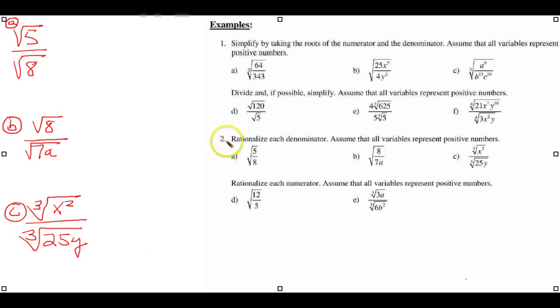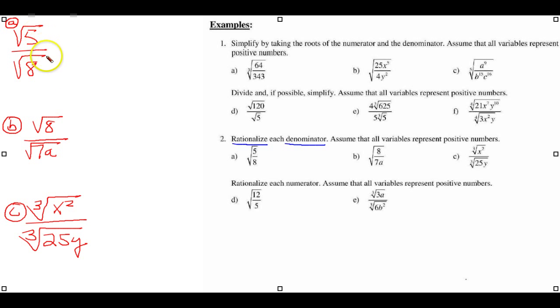Now in example 2, they want you to rationalize each denominator. So as you copy these down, copy them in this form, separate them like so. Because the square root of 8 is irrational, we want to make it rational. And we don't want the numbers to be too big either.